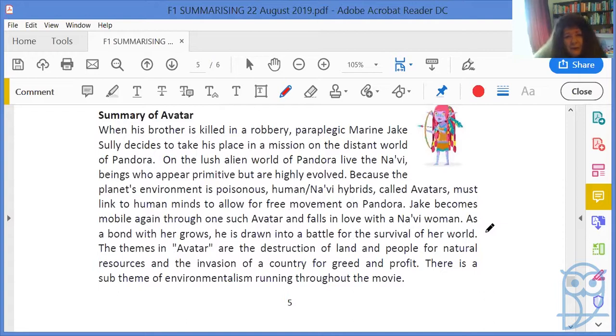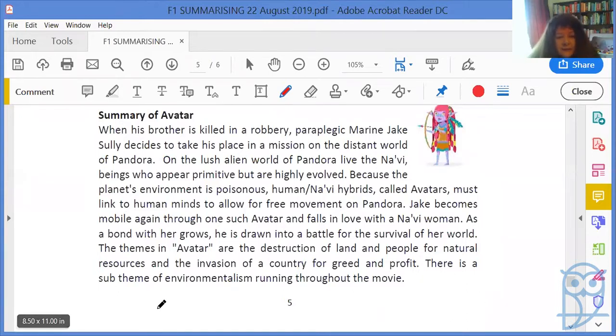That's good, Enrico. The themes in Avatar are the destruction of land and people for natural resources and the invasion of a country for greed and profit. Gee whiz, that sounds like some things on Earth, doesn't it? People wanting oil and fracking and whatnot, destruction of the countryside for greed and profit. Okay, thanks, Noah. He says it should be pronounced Navi.